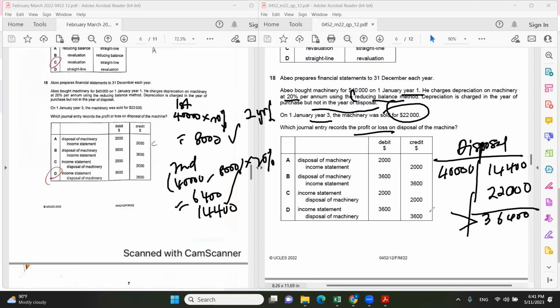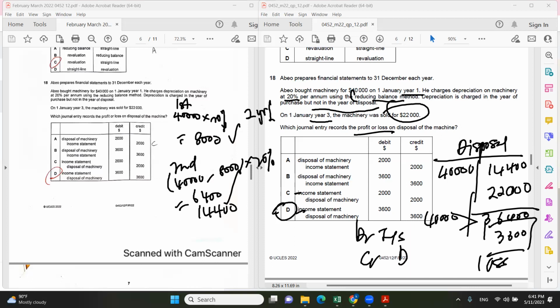Debit is more than the credit, so we take 40,000 minus 36,400. We get 3,600. This 3,600 is a loss. This loss, we will debit income statement, credit the disposal. So which account? Debit income statement. The amount is 3,600.